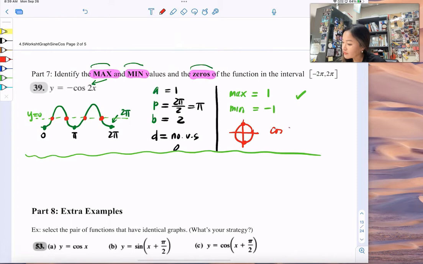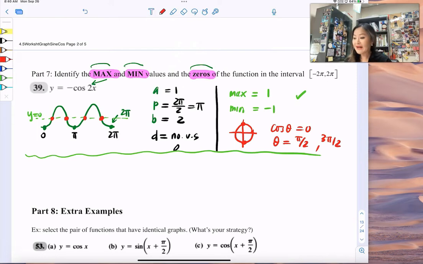Cosine of theta is equal to 0 when theta is equal to pi over 2 and 3 pi over 2. We know that already. We have that in our mind. But the frequency doubled. So what do you think happens to the zeros? It should also double. We'll see.